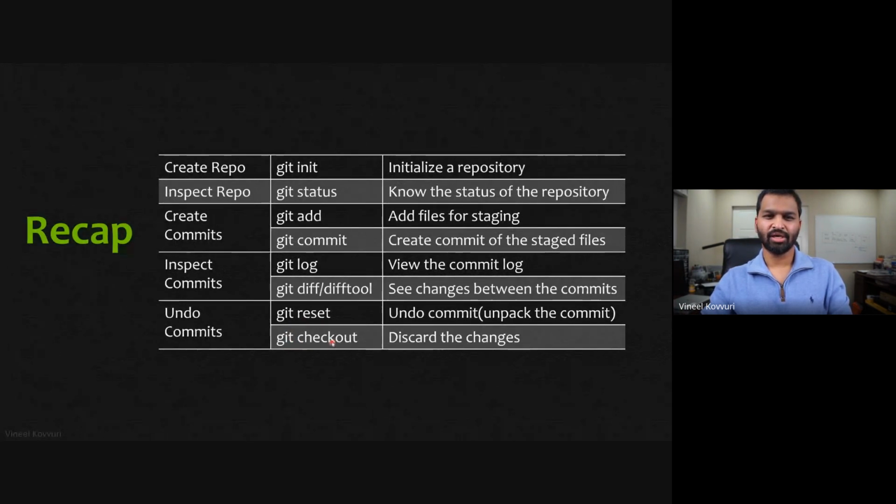Like I said, git checkout is used for discarding the modifications done to a file. But checkout can also be used in other contexts as well. So just keep that in mind. Don't get confused. Some of these commands get used in different contexts, and they mean different things when used in other places.